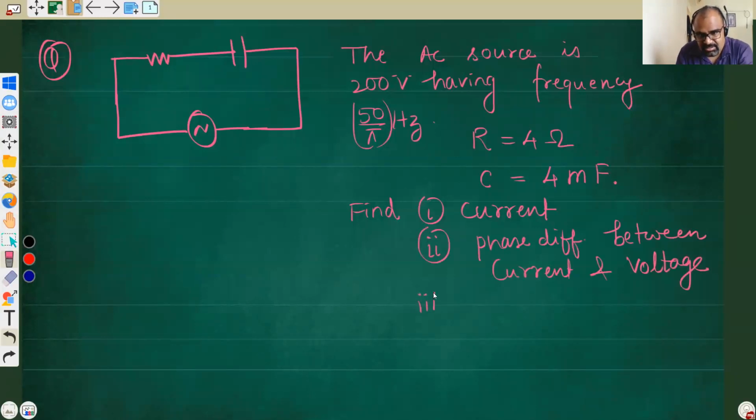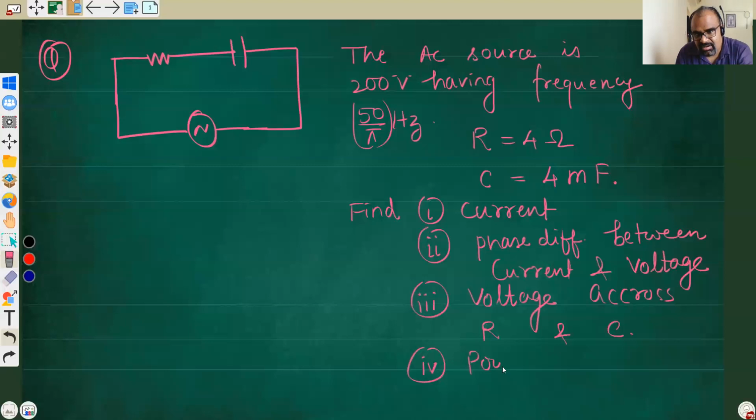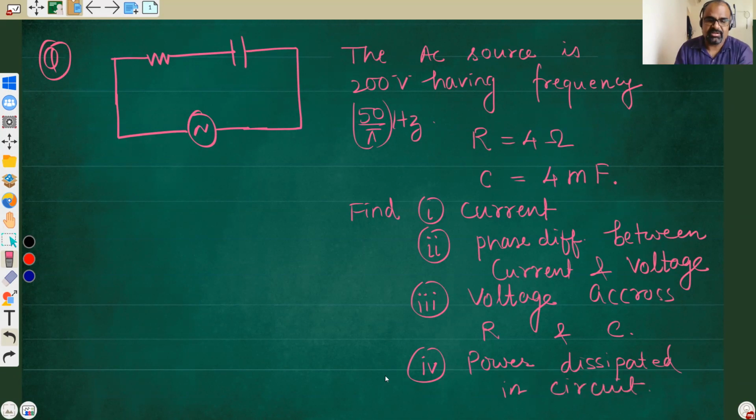Third, voltage across resistor and capacitor. Fourth, power dissipated in the circuit. Okay, so that's the question.